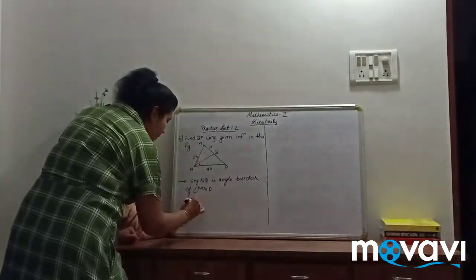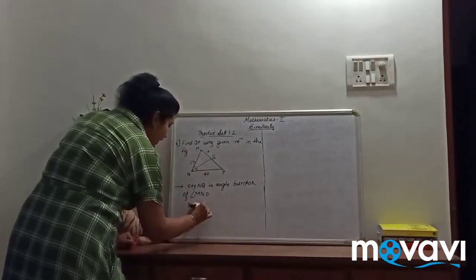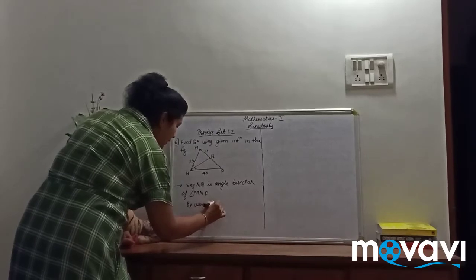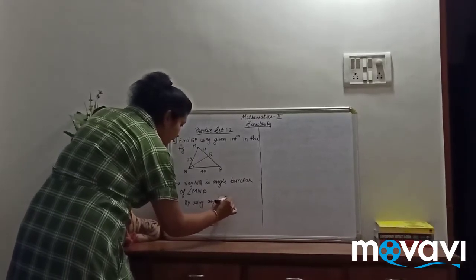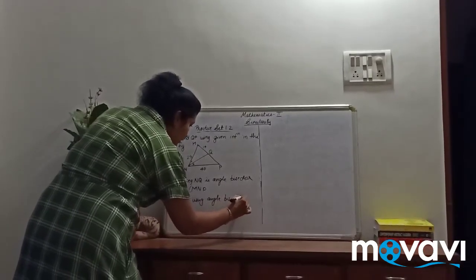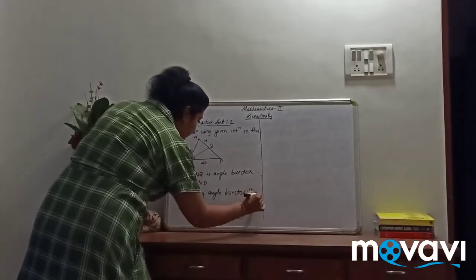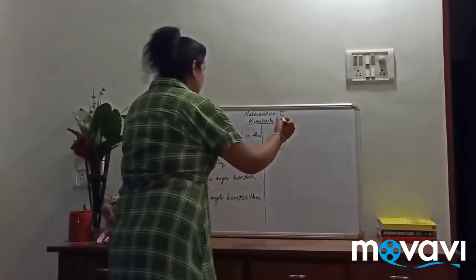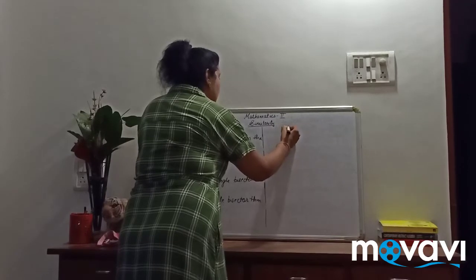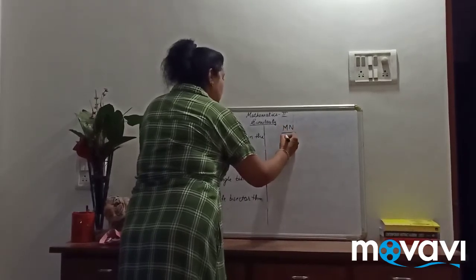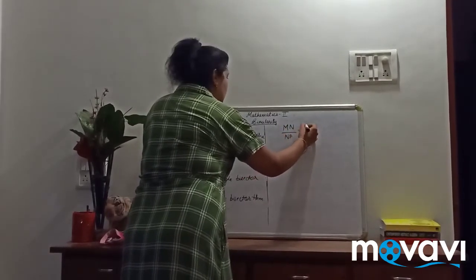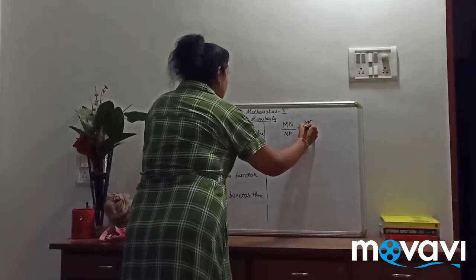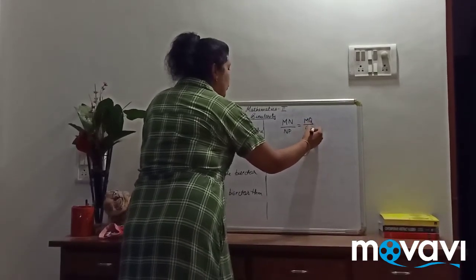Therefore, by using the angle bisector theorem, we'll directly write the ratio, that is MN upon MP is equal to MQ upon QP.